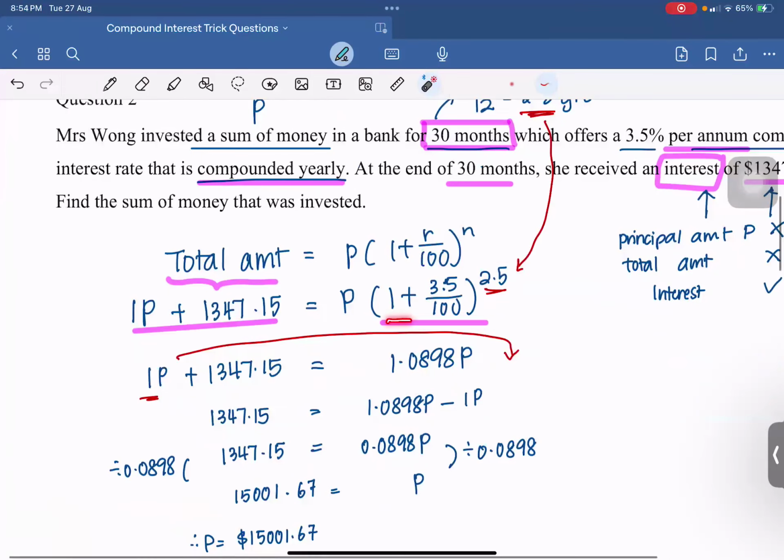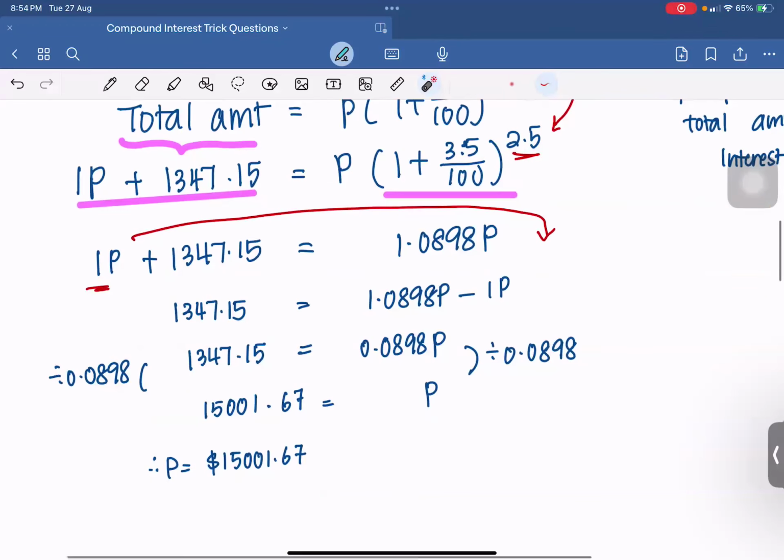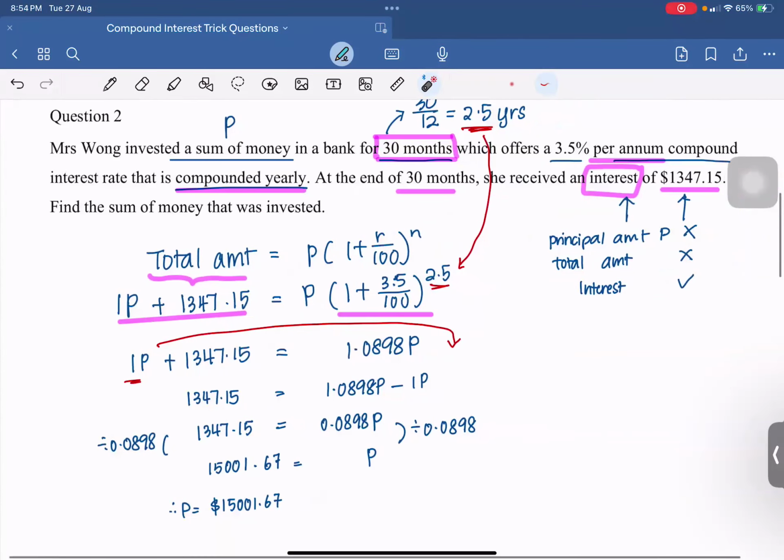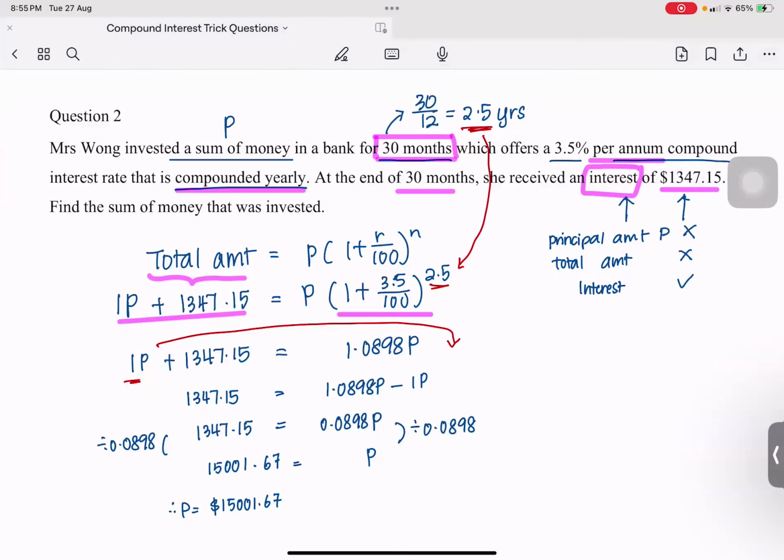This is just a number of units of letter P. I shift the P over to this side to get rid of the 1. So I'm left with this amount of percentages. Okay, this amount of number. So I divide by 0.0898 to get my final answer for P. Okay, so this one I think is worth quite a number of marks, easily 3 to 4 marks, right? A higher, trickier question, right?